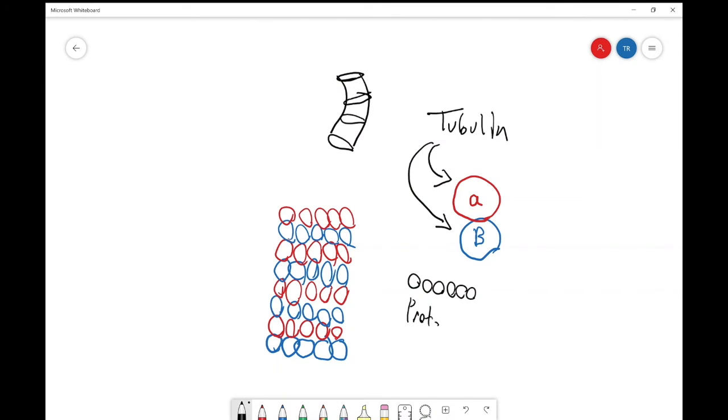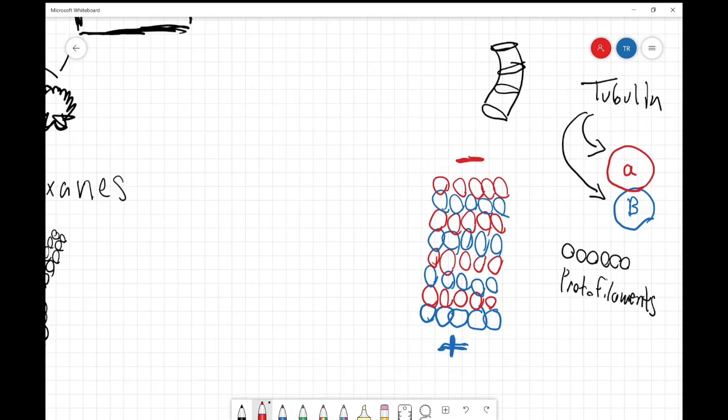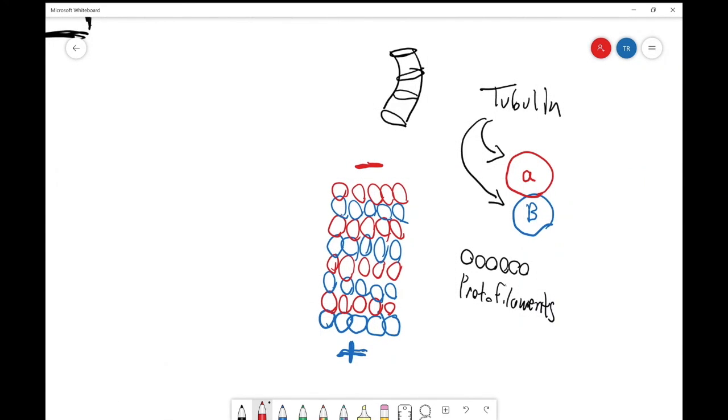It is also important to note that the presence of an alpha and a beta tubulin creates a structural polarity in the microtubule, with one end showing beta tubulin being the plus end and one end showing alpha tubulin being the minus end. Polarity is important in the guidance of directional intercellular transport, as well as the microtubule's role in cell division.